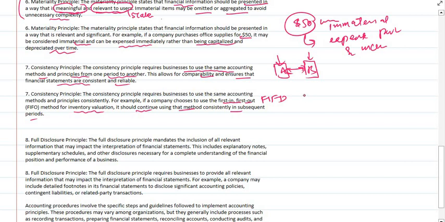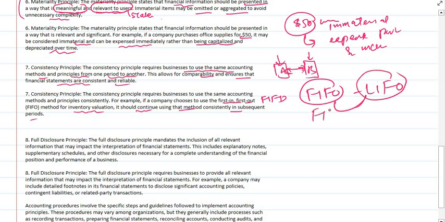Let's say in the first accounting period you use this method, and then you say no, let me use this one. So the comparability of these two methods is not useful. You have to use the same method in both. If you are using the same method, you are consistent with your policy, your principle, your method, then it will be useful for the user to compare.